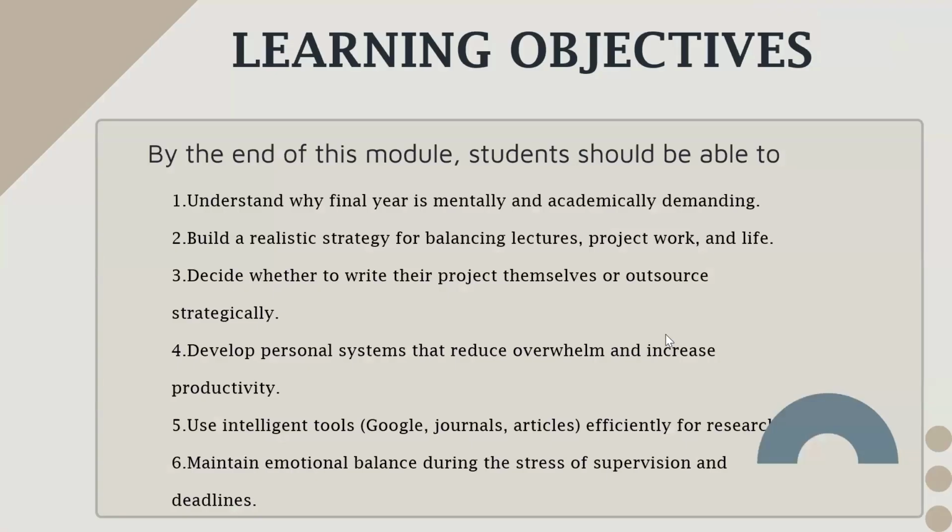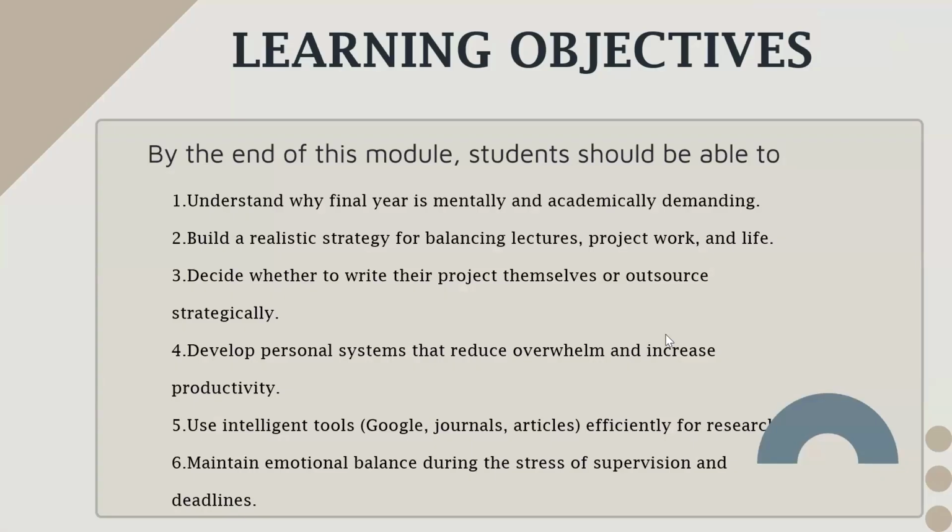By the end of this module, you should be able to understand why final year is mentally and academically demanding. Build a realistic strategy for balancing lectures, project work, and life. Decide whether to write your projects yourself or outsource strategically. Develop personal systems that reduce overwhelm and increase productivity.